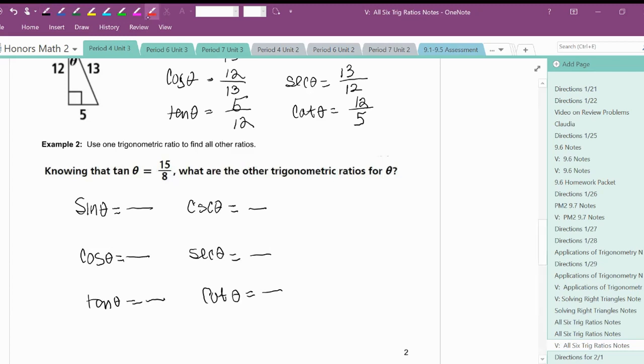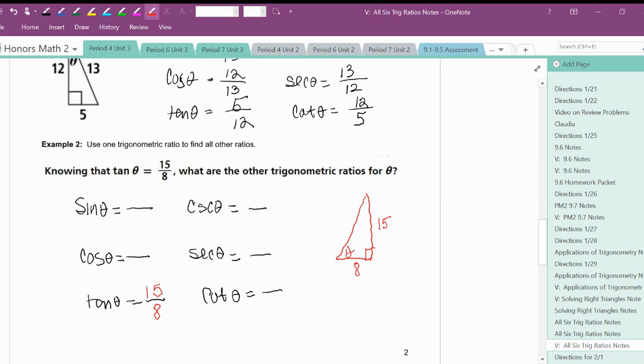And we'll write down the one that we're given. We're given the tangent ratio is 15 over 8. We can even give ourselves a little picture here. It would be theta. We have opposite over adjacent.